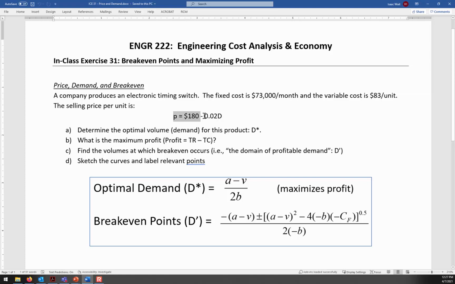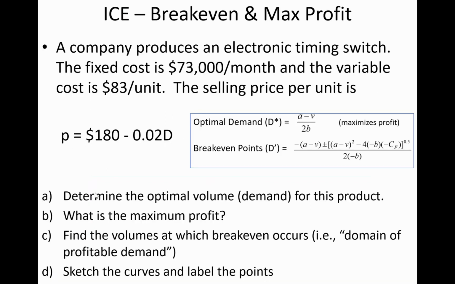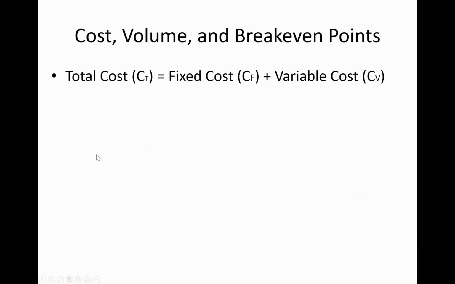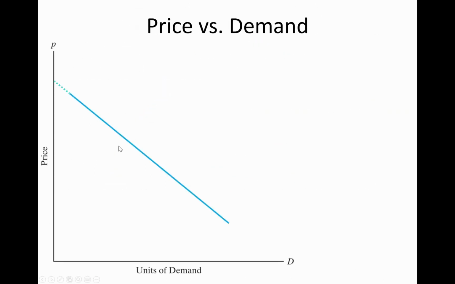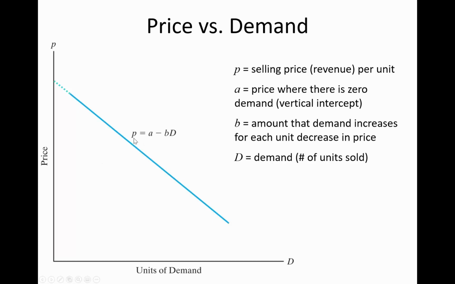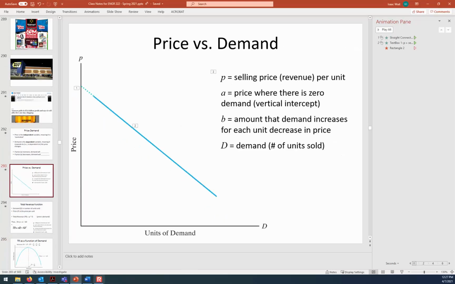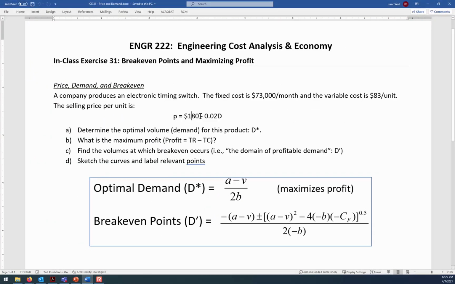And then here's our equation that relates price and demand. Let's go back to the general form of that equation, just to remind ourselves what it looks like. Here's the general form: P equals A minus lowercase b times D. In the in-class exercise, A is 180.